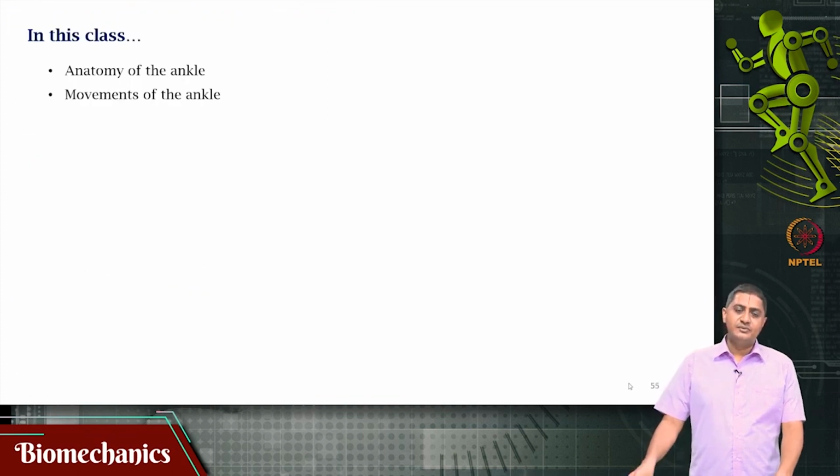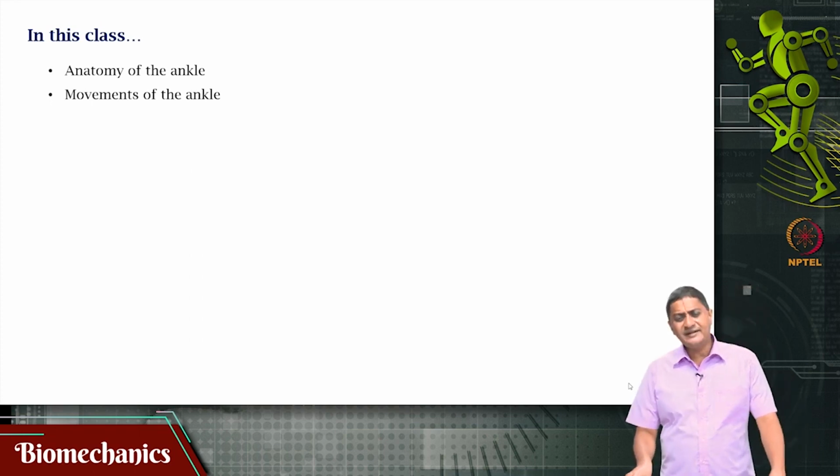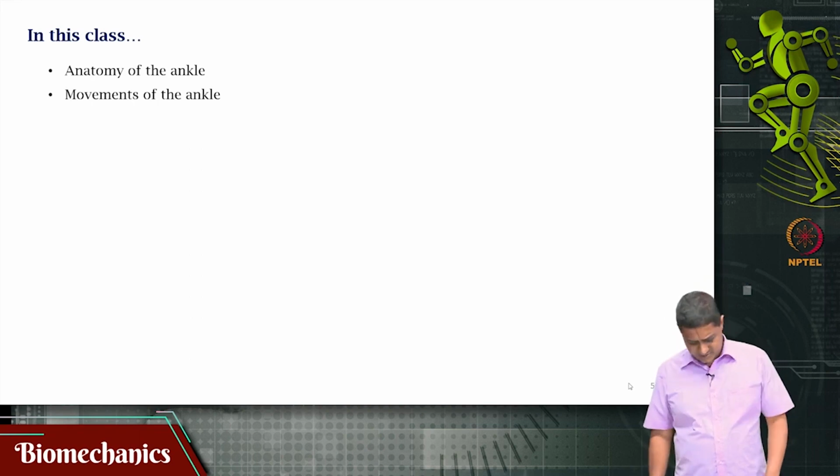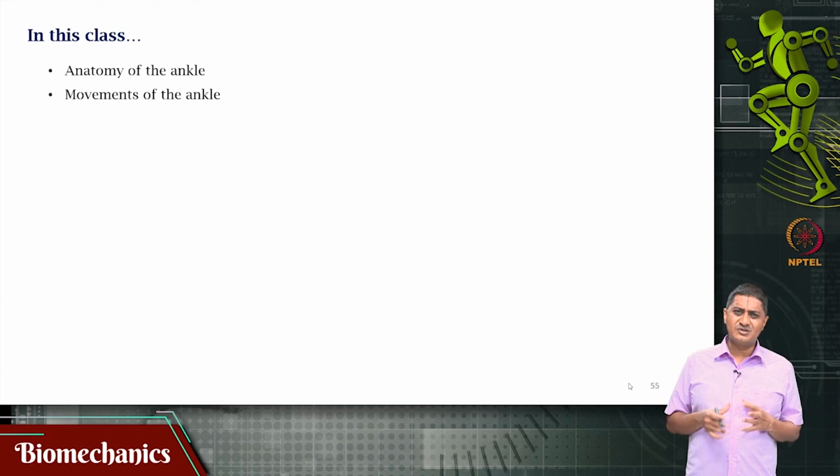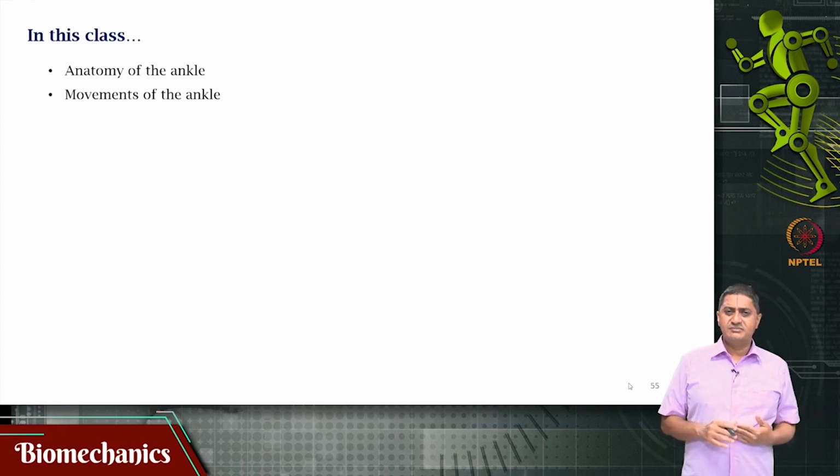So, in this video we will be discussing the anatomy of the ankle joint and the movements that are happening at the ankle joint. Technically there is only one movement that happens at the ankle joint. Some other movements also happen, but not in the ankle joint, within the foot.